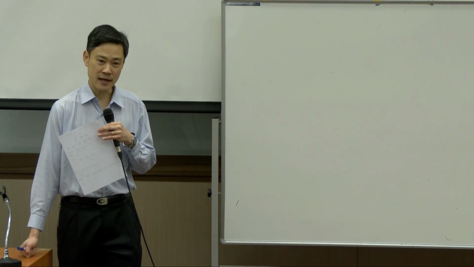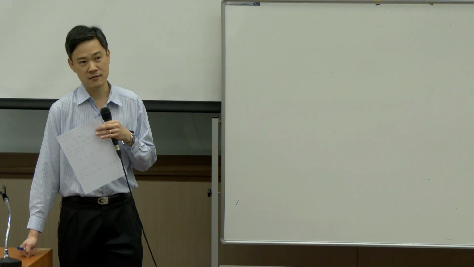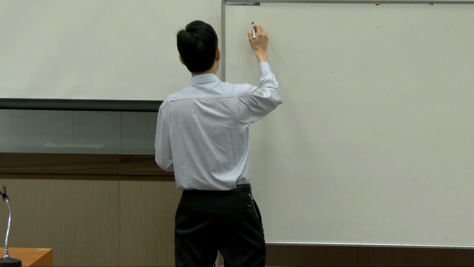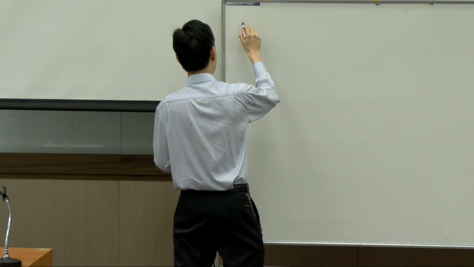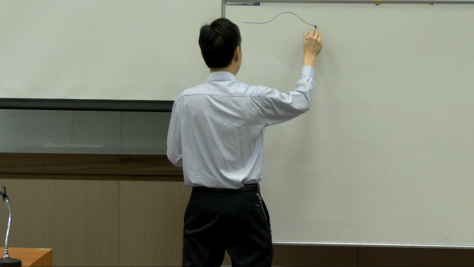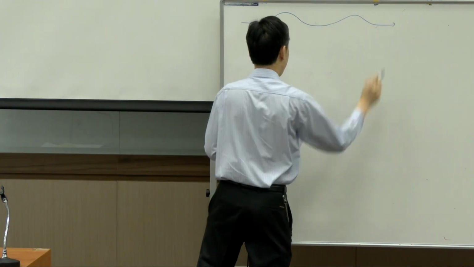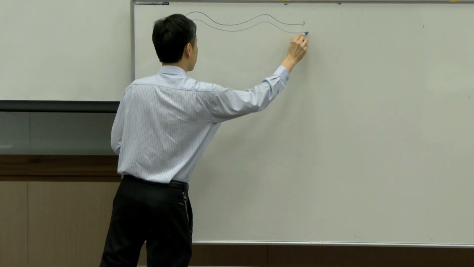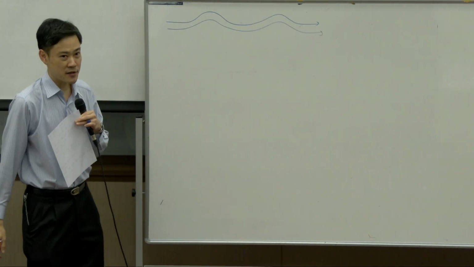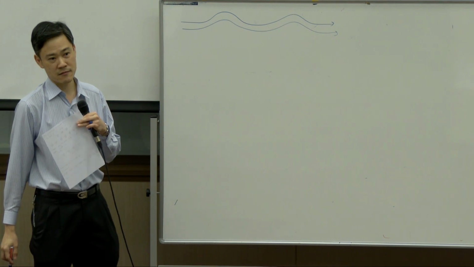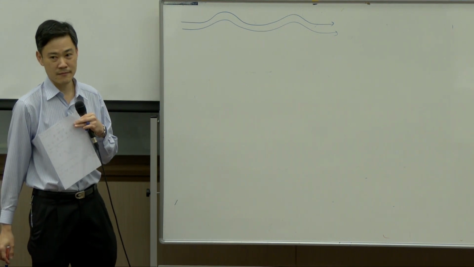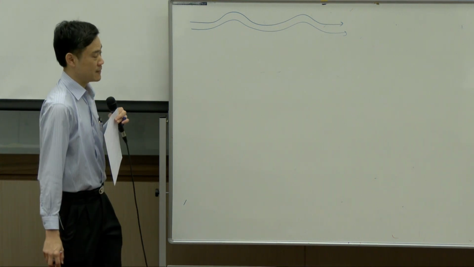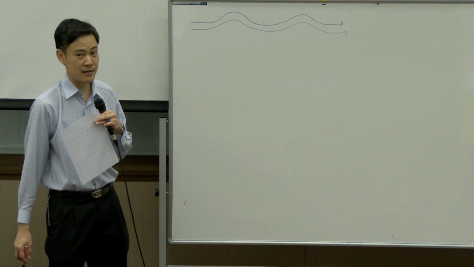Now you will discuss something about turbulence. Now let me ask you this. If the flow in my system goes this way, like this, is this considered turbulent? Or is this considered as laminar?